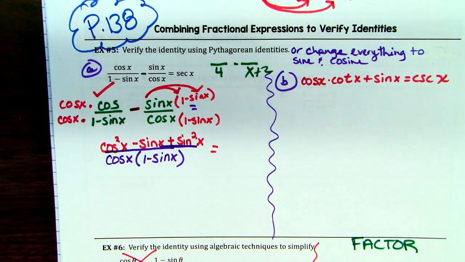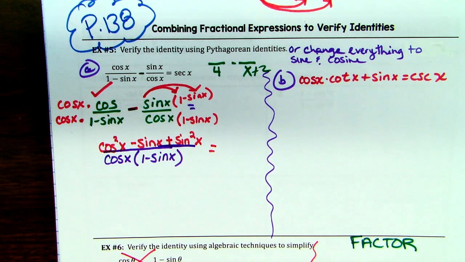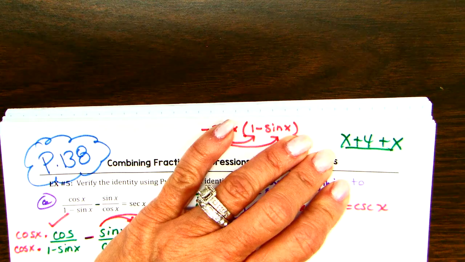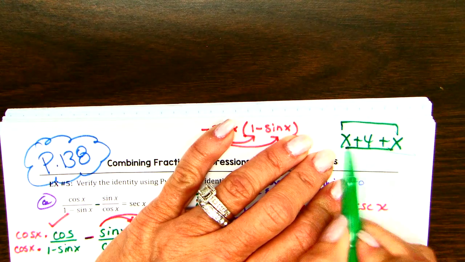You're telling me, yes, I'm telling you, that we're two steps away from making this into secant x. One thing I want you to notice is if I gave you x plus 4 plus x, couldn't you add these together and make them 2x in the numerator there?